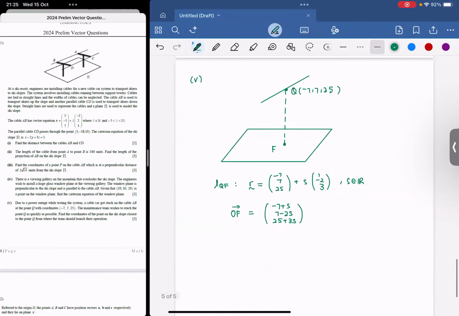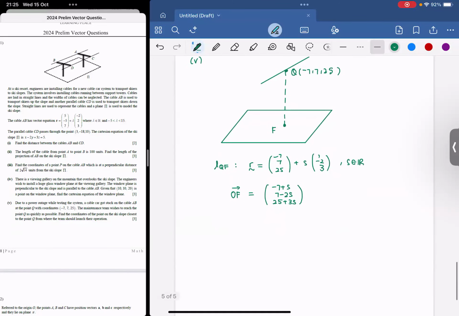Then how to find it? OF is also on the plane, so when we take this dot the plane normal, it must be equal to 5.